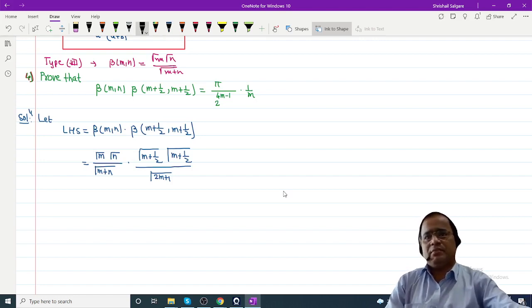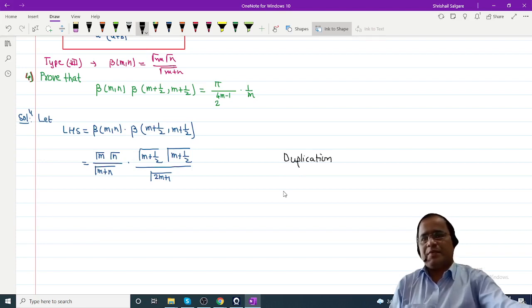And we have studied one property that I will write. What is the name? I think the duplication formula. We have studied the duplication formula for the gamma function. Can anyone recall what the formula is?